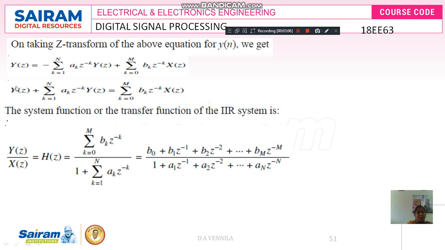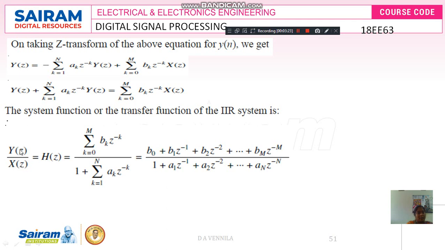To simplify, if you take y of z outside, you get y of z divided by x of z. This is the system function or transfer function of the IIR filter.